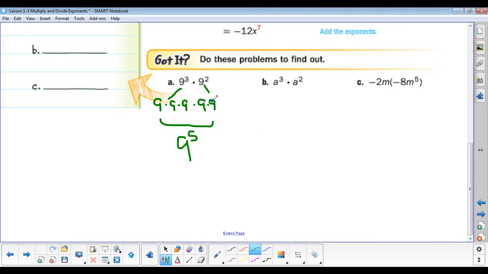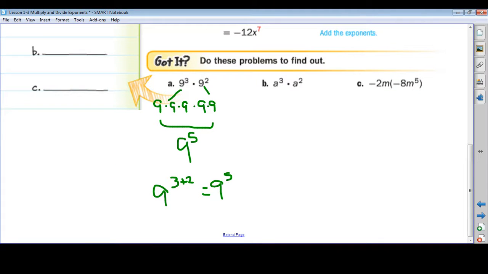The shortcut, okay, instead of having to write out all these 9s all these times, if I just add the exponents together, I get 9 to the 5th power. Oh my gosh, it's a shortcut. That's all this is, a shortcut.